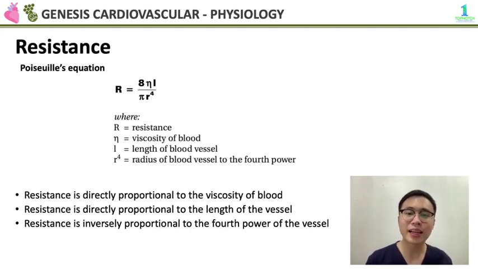So what are some clinical implications? So tignan muna natin yung mga directly proportional na relationship, the viscosity and the length. So say for example, we increase the viscosity. How do we increase the viscosity? By increasing the hematocrit. So say for example, patients with polycythemia. Yung mga may polycythemia vera, taas ng hematocrits, di ba? Those who have hyperleukocytosis syndrome, for example, very viscous yung blood nila.